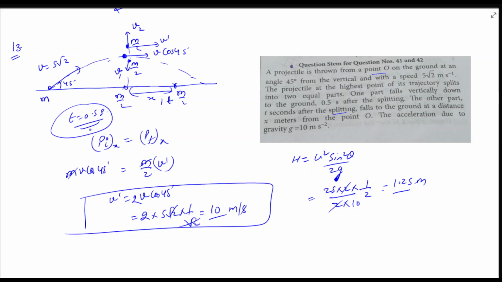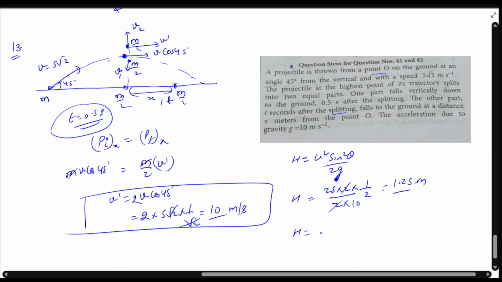Okay. So h will be 1.25. Now let's check if v1 is 0, then will it take this time? Okay, so let's find. We have the height, so we'll find the v1. Which equation should we use? The second equation we can use.